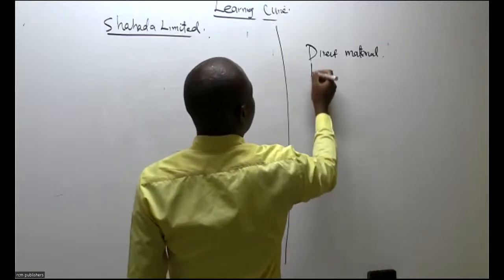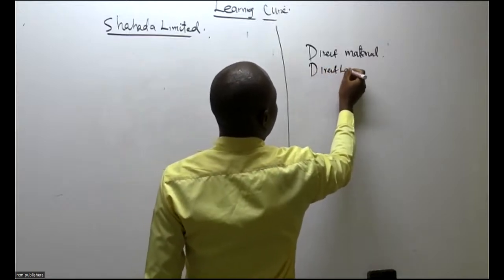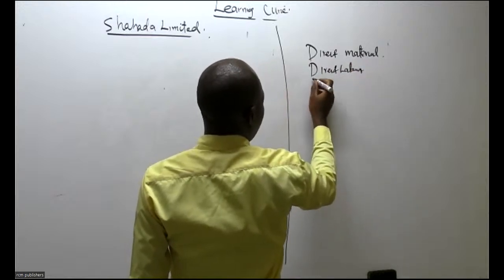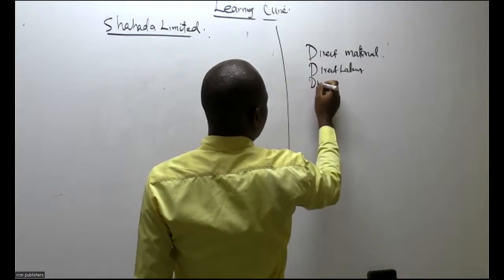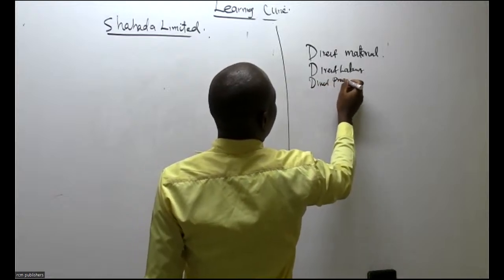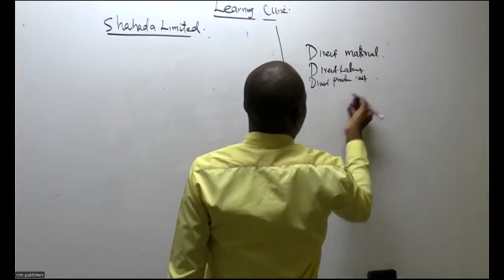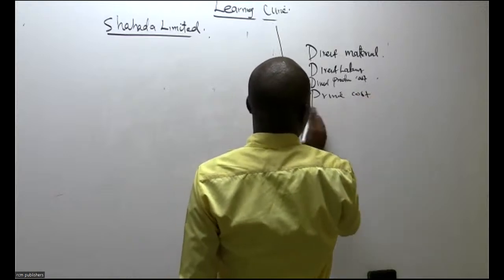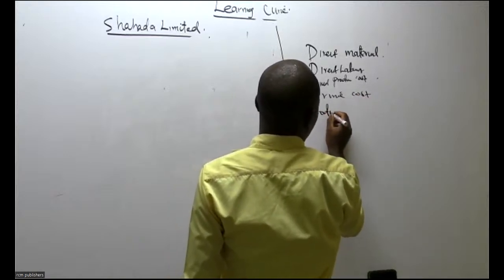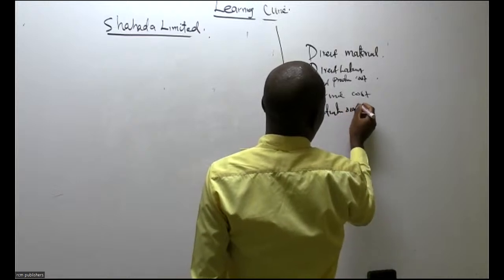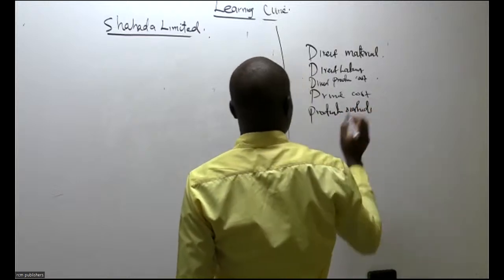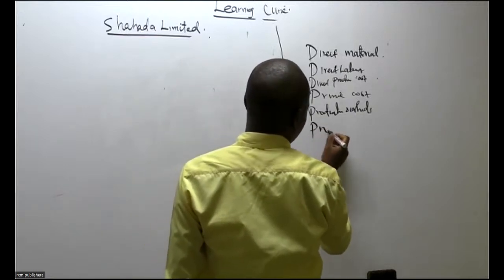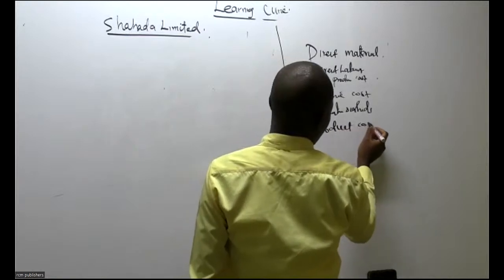Direct material, we need direct labor. If we add these two, and any other direct production costs, we should be able to arrive at what we call prime cost. When we add production overheads, which are divided into two, the variable and the fixed, then it should give us the product cost.